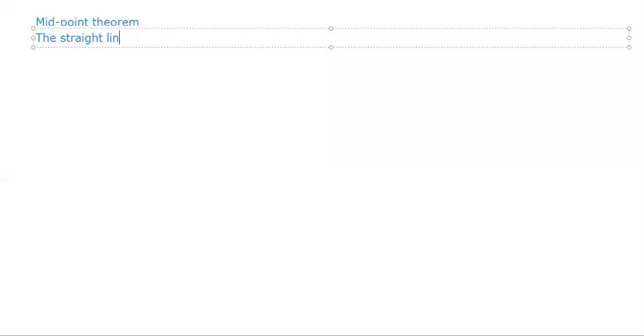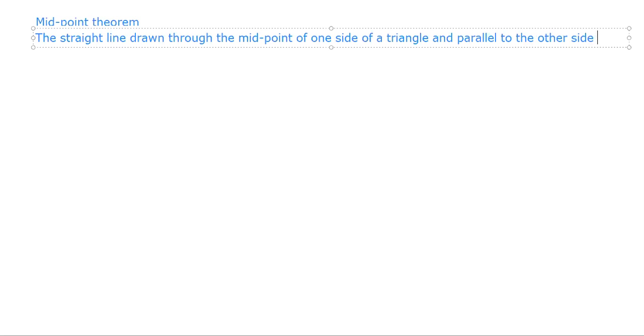A straight line drawn through the midpoint of one side of a triangle and parallel to the other side bisects the third side.